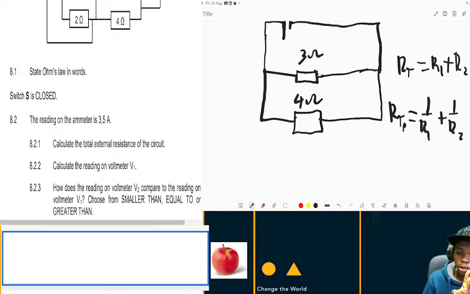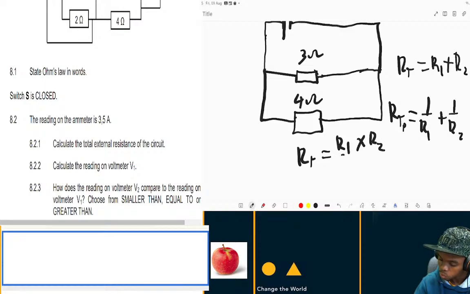Now, in parallel, there are 2 ways you can calculate your resistors. You can do it this way, or you can do it this way. R total equals R1 times R2 over R1 plus R2. But this method only works with 2 resistors, so you can't add more.